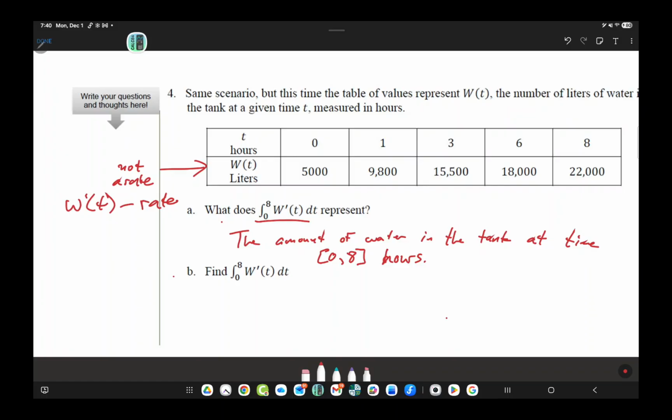Really, we should say the amount of water pumped into the tank, because again, it's about displacement, about net change. It's the amount of water pumped into the tank over those 8 hours.